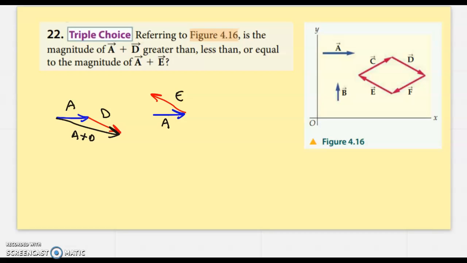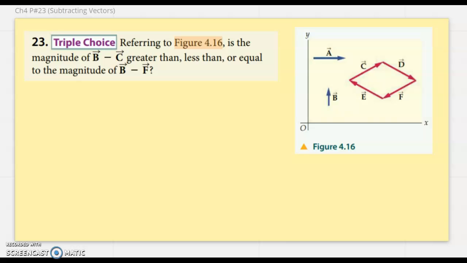E, we would say, has a negative component, whereas D did not. So this is A plus E, and it's just this little baby. So it looks like A plus D is much greater than A plus E.